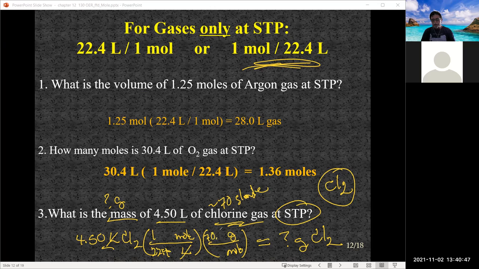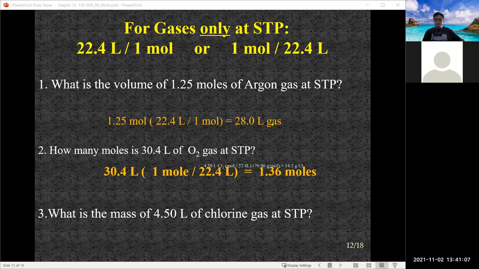That 70.9 is the molar mass of chlorine gas over 1 mole. My moles cancel, leaving me with grams of chlorine gas. Let me clear the mess up and I'll bring back the answer.